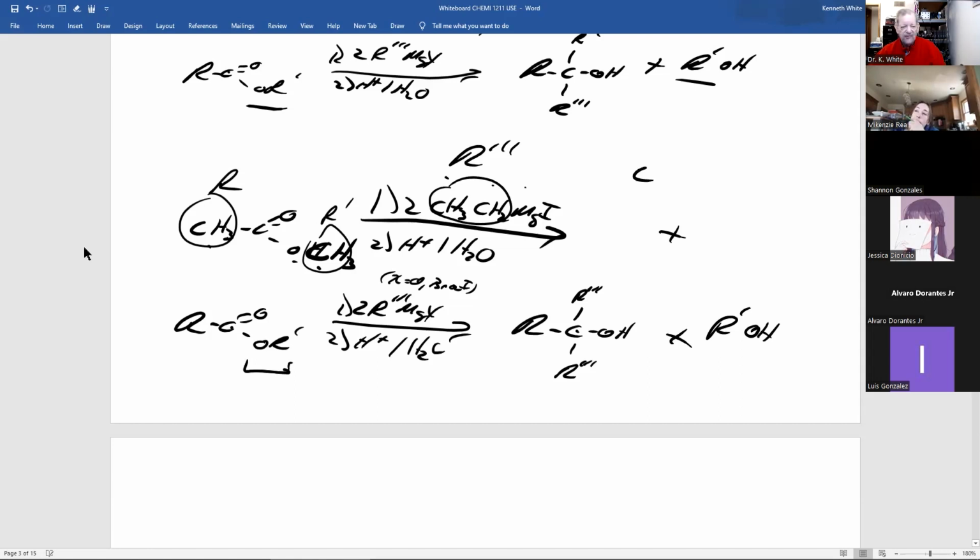So I have this carbon, alcohol, what's attached to it, R, is still attached to it. Then my R triple prime, you make not one, but two carbon-carbon single bonds. And then my alcohol, R prime, is methyl.